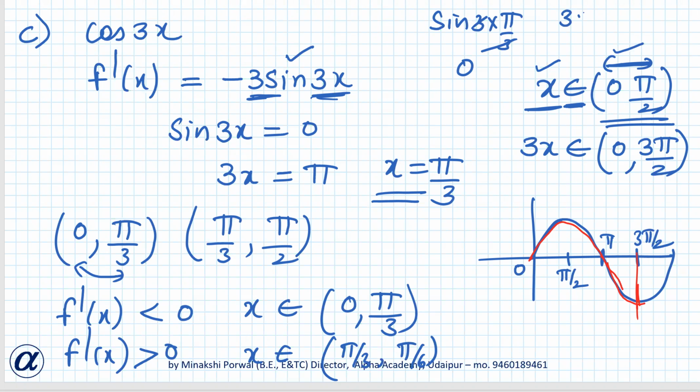At pi by 2, 3 into pi by 2 is 3 pi by 2. So they are talking about this region. Here it is negative, so minus of sine will be positive. So f'(x) will be greater than 0. So this function will be neither increasing nor decreasing.